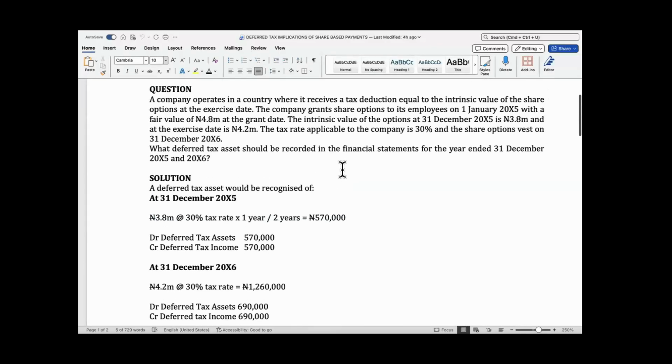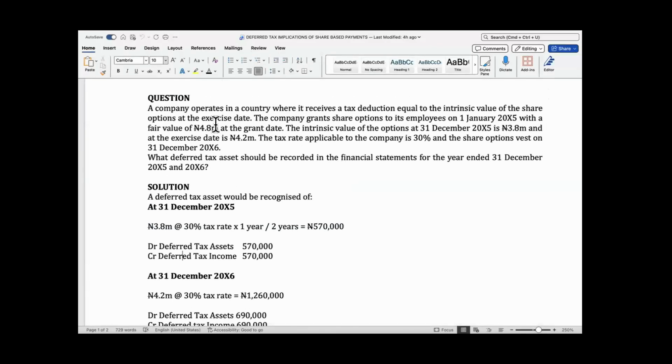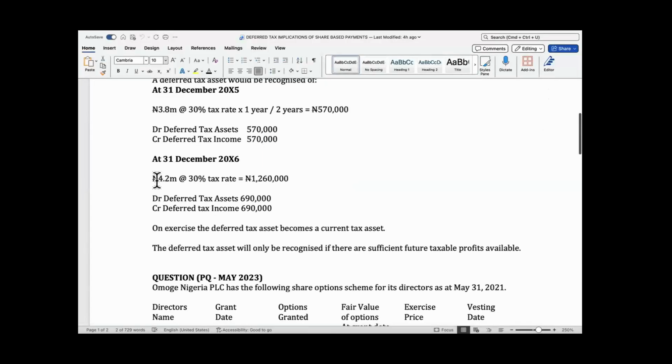Again, they also gave us that at the exercise date, 2006, the intrinsic value is now 4.2. It's something they estimate every year. It changes. So as of 2006 it is now 4.2. You apply 30% on that to get the deferred tax. So this is the deferred tax position as at 2006. So what goes to P&L is the incremental, the difference between year one and year two.